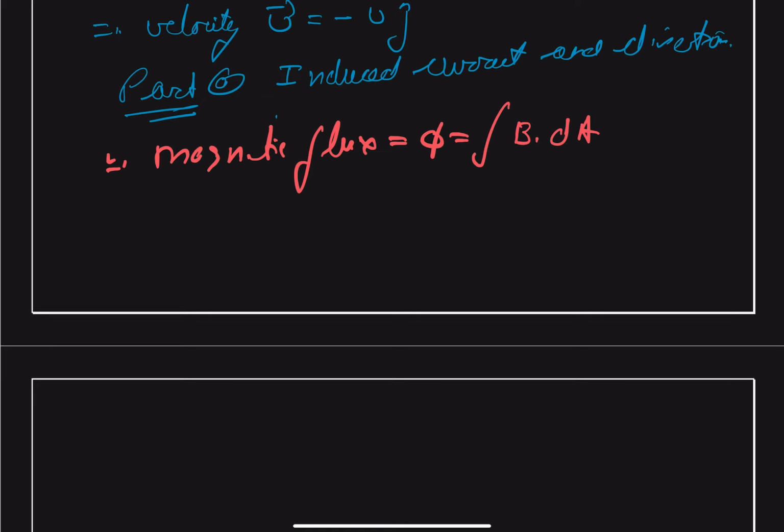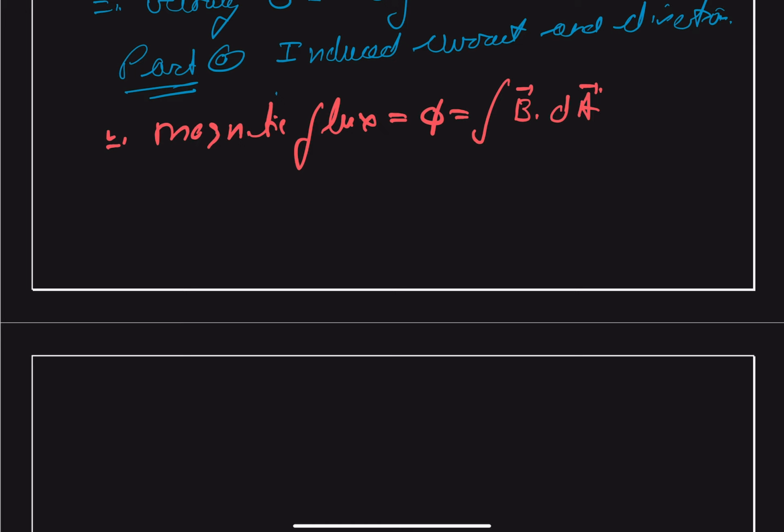We can consider that dA is our area vector. So we can write the area vector as dA along k prime, because our magnetic field B is along k prime.